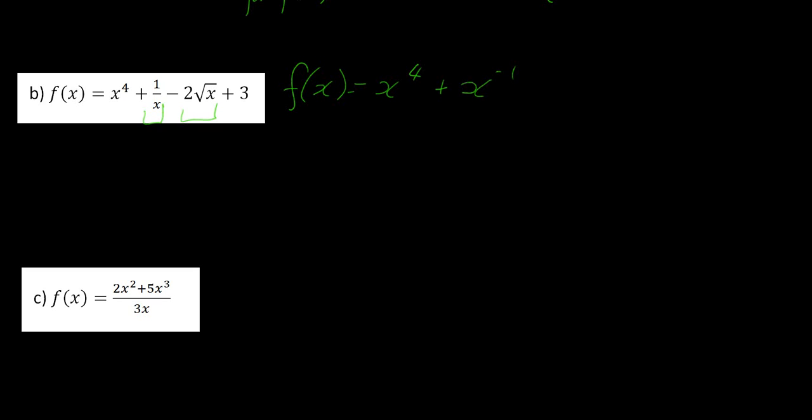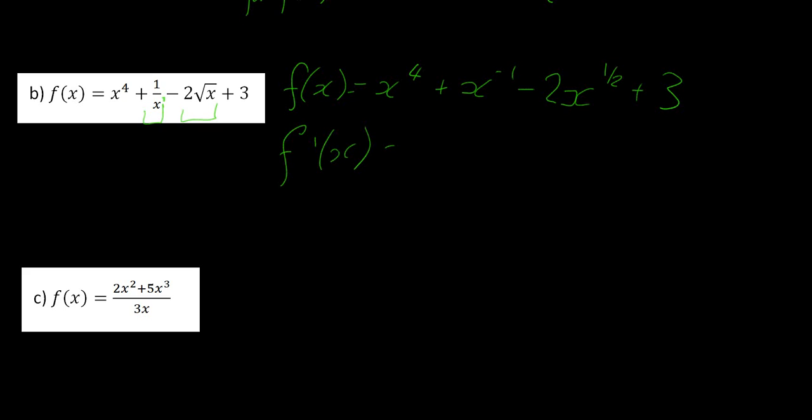So if you treat this as an index of 1 at the bottom, remember that if you have a positive index at the bottom, this can actually go to the top as a negative index. Minus 2. Now root x over here, we know the square root is x to the power half. And plus 3. Of course, we know that the constant turns into 0, so we're just leaving it as that.